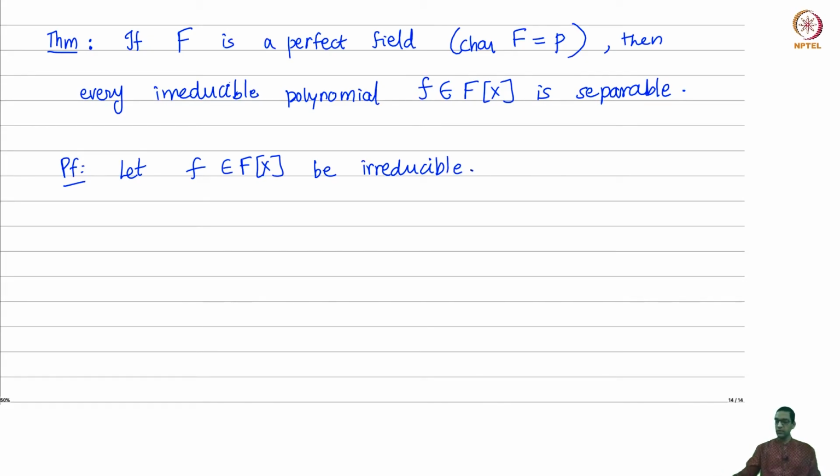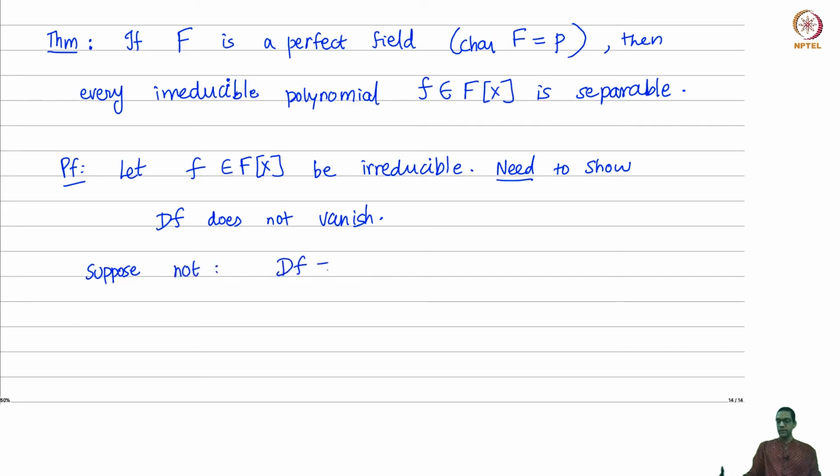So recall, we already had this proposition that for an irreducible polynomial, separability is the same as derivative not vanishing. So need to show derivative of f does not vanish. Okay, so suppose not. Let's proceed by contradiction. Suppose the derivative vanishes.